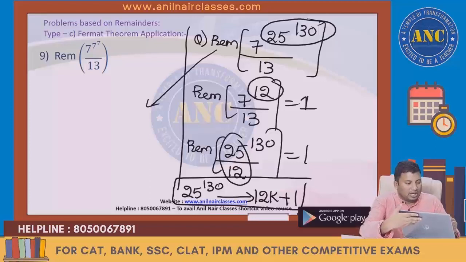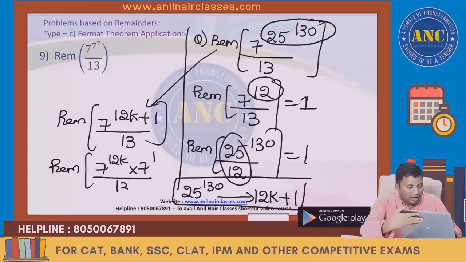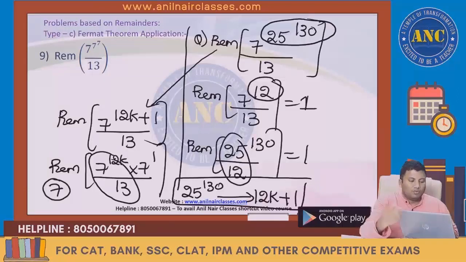I hope it is clear. So this becomes the remainder of 7 power 12k plus 1 divided by 13, which is 7 power 12k into 7 power 1 divided by 13. This is 1, and 1 7s are 7. I hope the idea is clear.